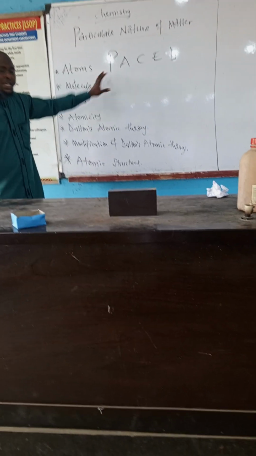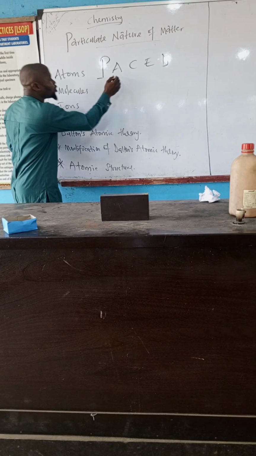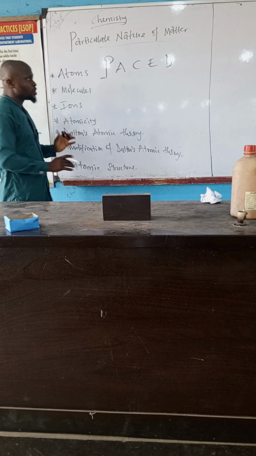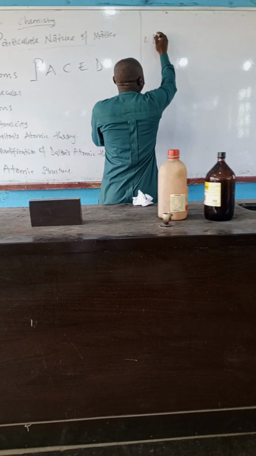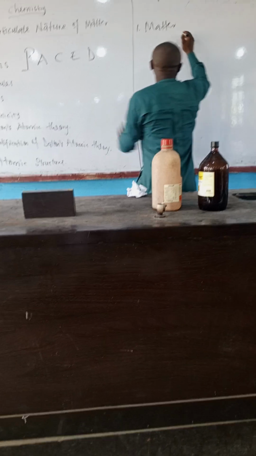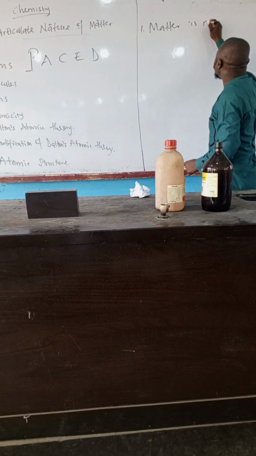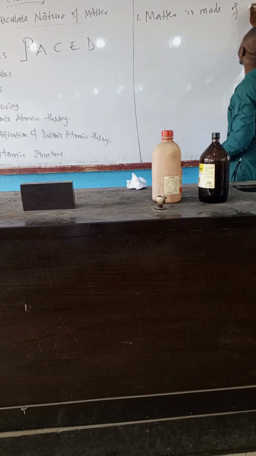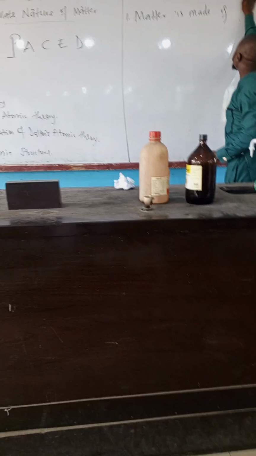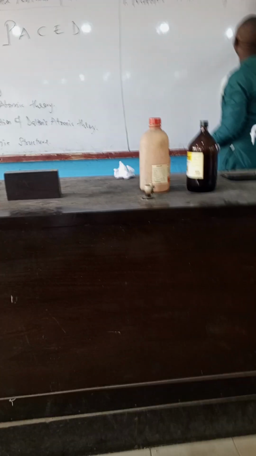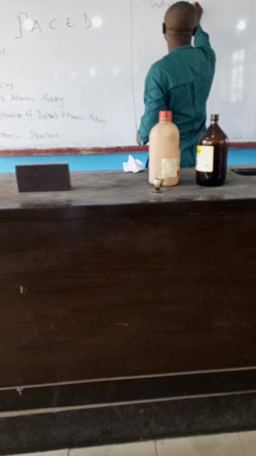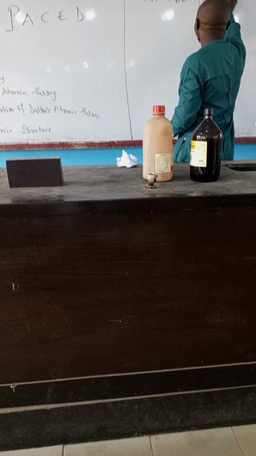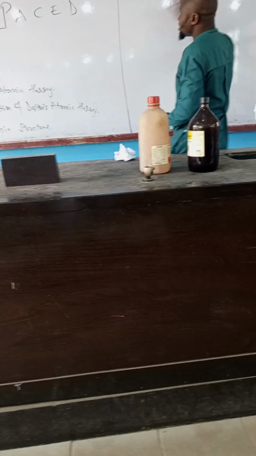So in 1808, he proposed four of these theories. Number 1: elements or matter is made of particles, small, indivisible particles. This is what the P stands for.